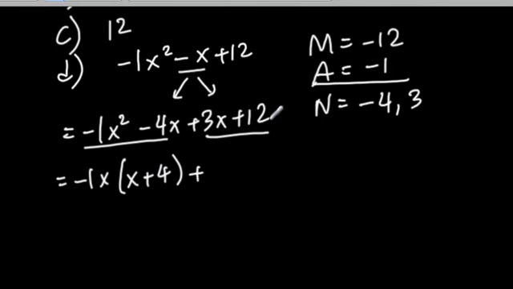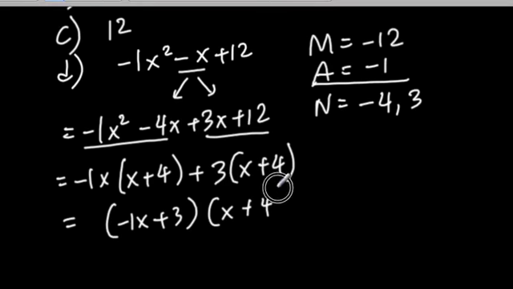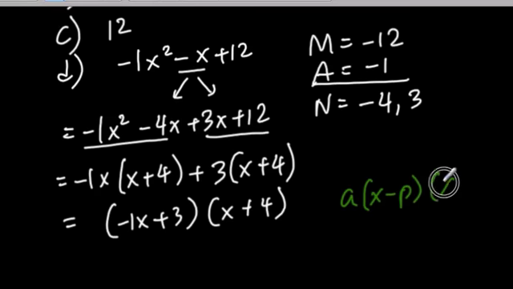And then if we factor this out, it's going to be 3 times (x plus 4). And now we see that it's (negative 1x plus 3) times (x plus 4). And remember that we want our factored form in this form, (x minus p)(x minus q), so you want your x's to be positive.